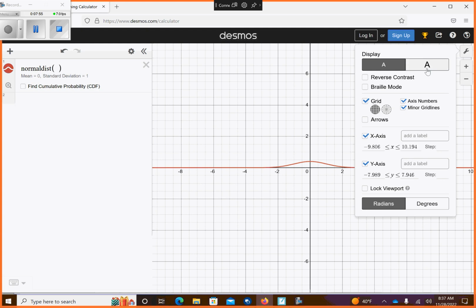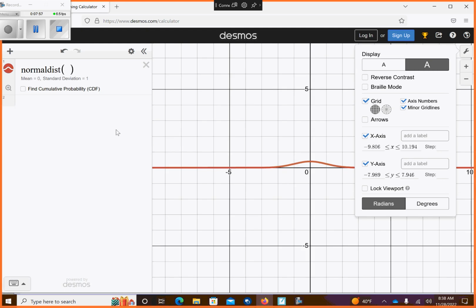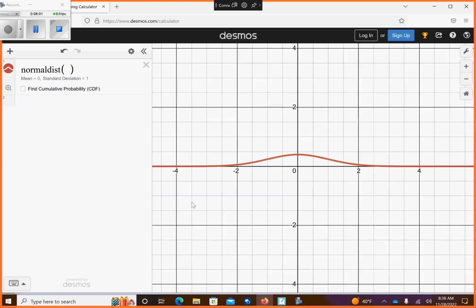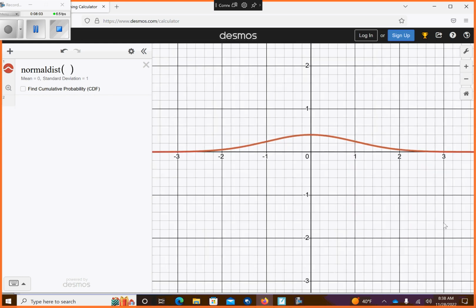If I were to say, hey, this is what a normal distribution curve looks like, you know, it's centered around the 0 being the mean and standard deviation being 1, 2, 3. Okay, there's a way that we could plug in if things go differently.